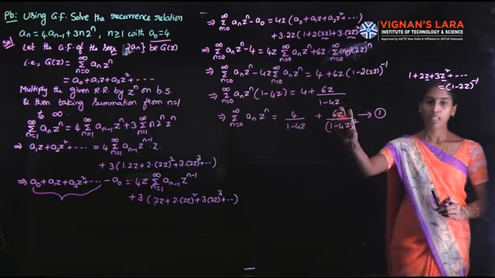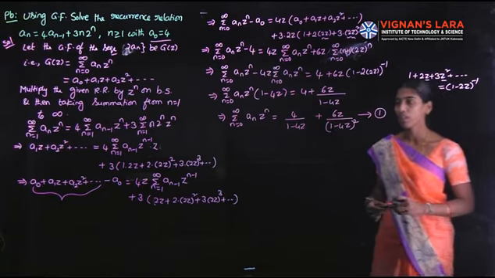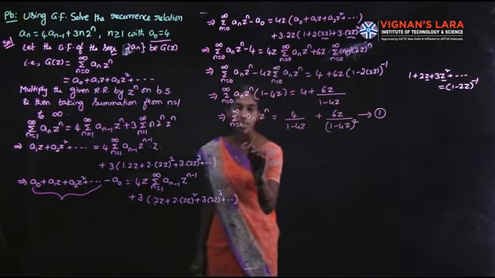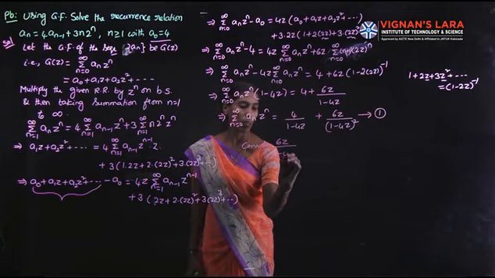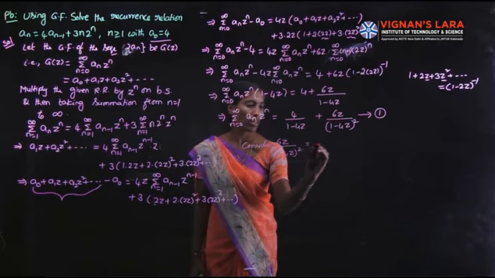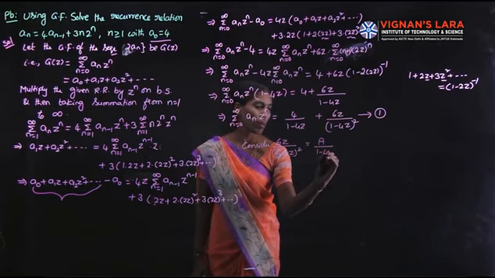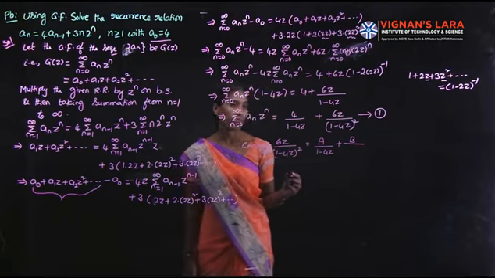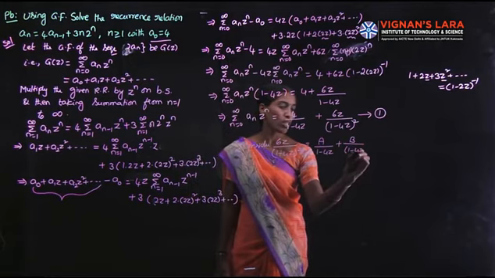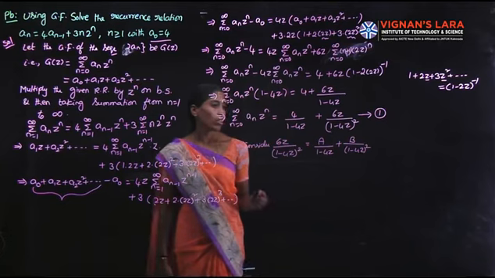For that purpose, apply partial fractions and split this one. So consider 6z by (1 minus 4z) whole square. Its partial fraction form is A by (1 minus 4z) plus B by (1 minus 4z) whole square, right?